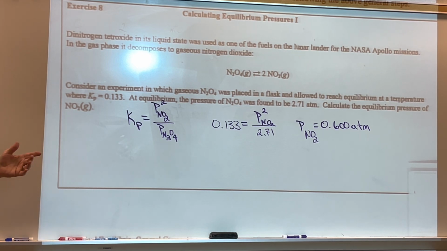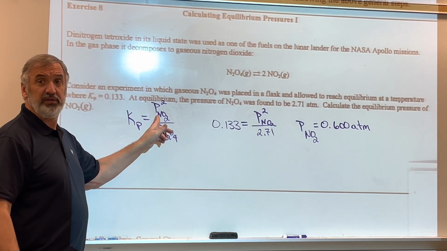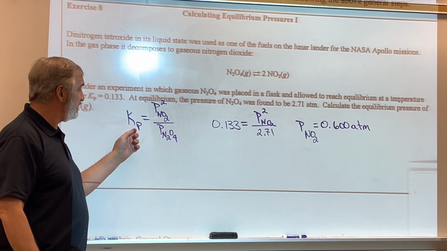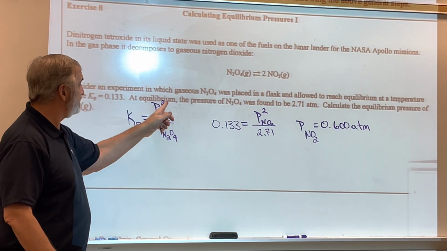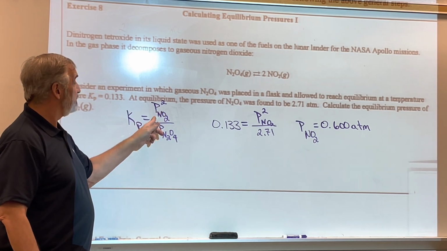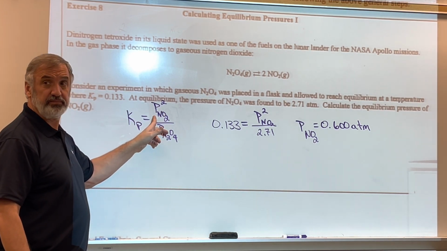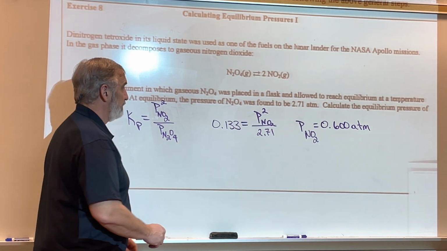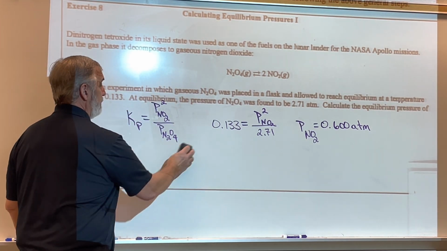But in this case, there was only one thing we didn't know, the NO2. So I wrote out my Kp knowing this. I know Kp, I know the N2O4 because it says at equilibrium. So the only thing I don't know is this one. And then it's just math.